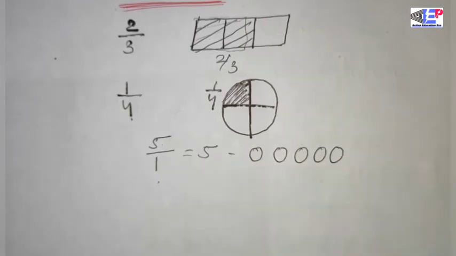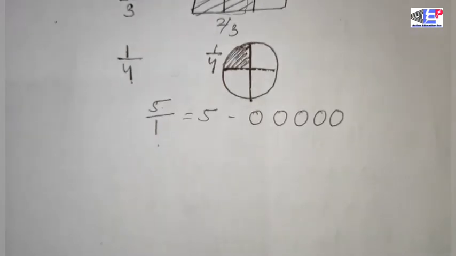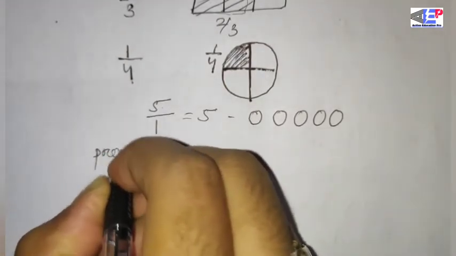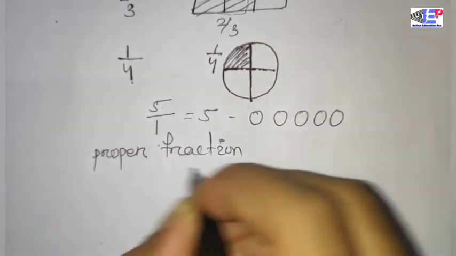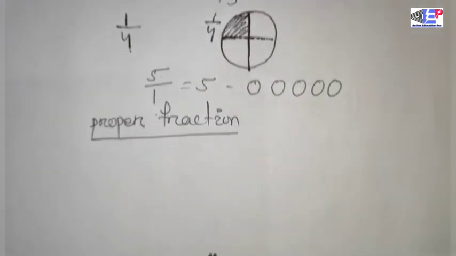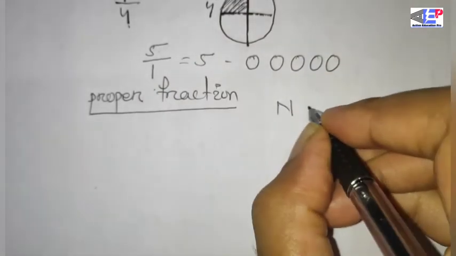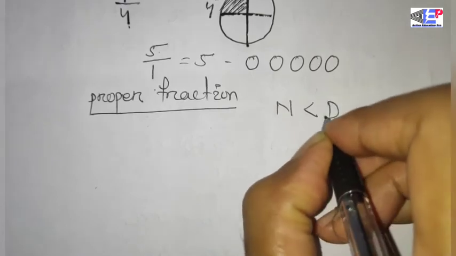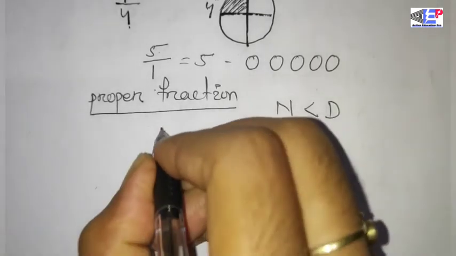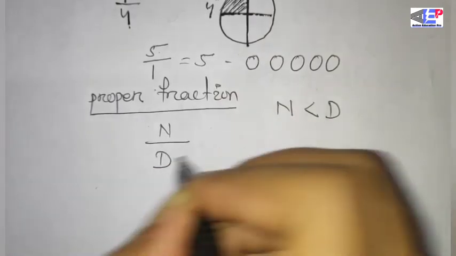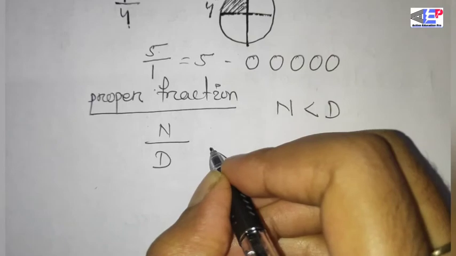Now let's go to its types. There are 3 types of fractions. One is proper fraction. First let's discuss proper fraction. Proper fraction means the numerator is smaller than the denominator. A fraction has 2 parts, numerator and denominator. The numerator is always on the upper side and the denominator on the lower side.